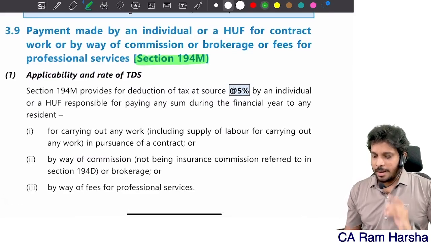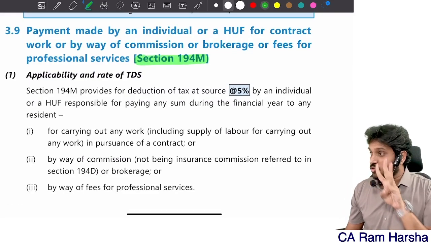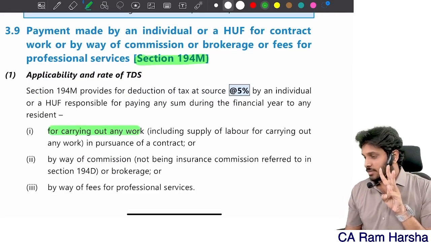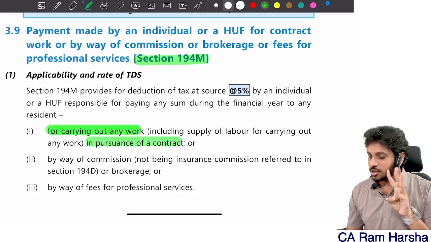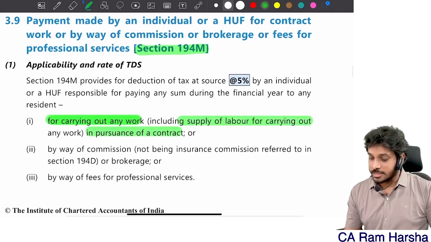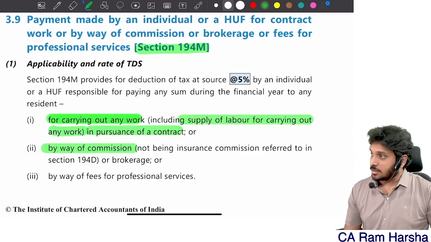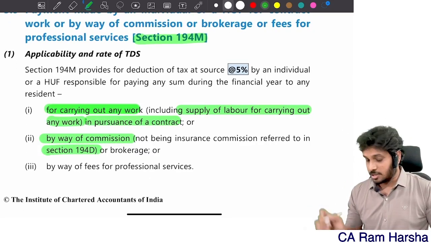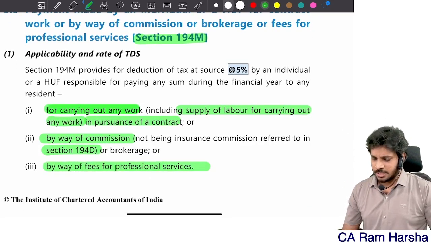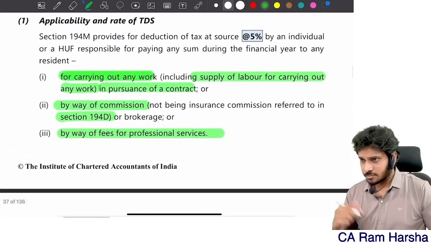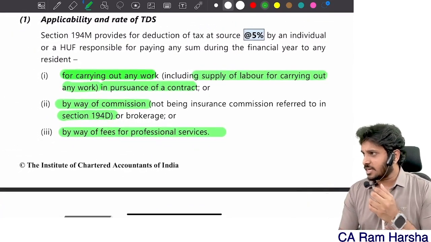Then 194M. 194M is for 3 types of payments. Contract payment. Yes or no? For carrying out any work in pursuance of a contract, including supply of labor for carrying out any work, as well as commission, not insurance commission, and fees for professional services.